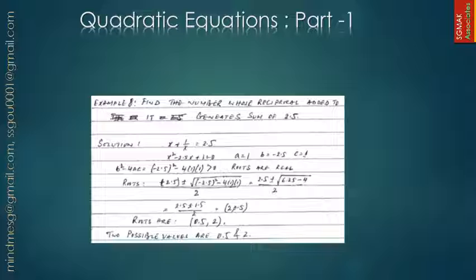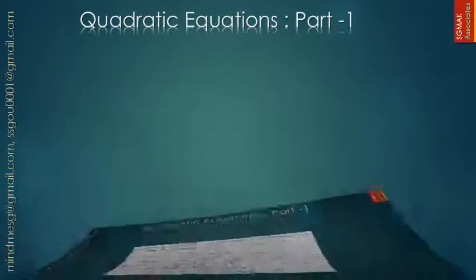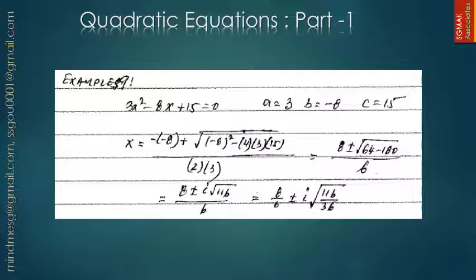Okay. So here's an example where we took a problem statement, converted it into a mathematical equation, then recognized it's a quadratic and solved for the roots. With that kind of situation, 3x squared minus 8x plus 15 equals 0. So in this case, a is 3, b is minus 8, and c is 15.